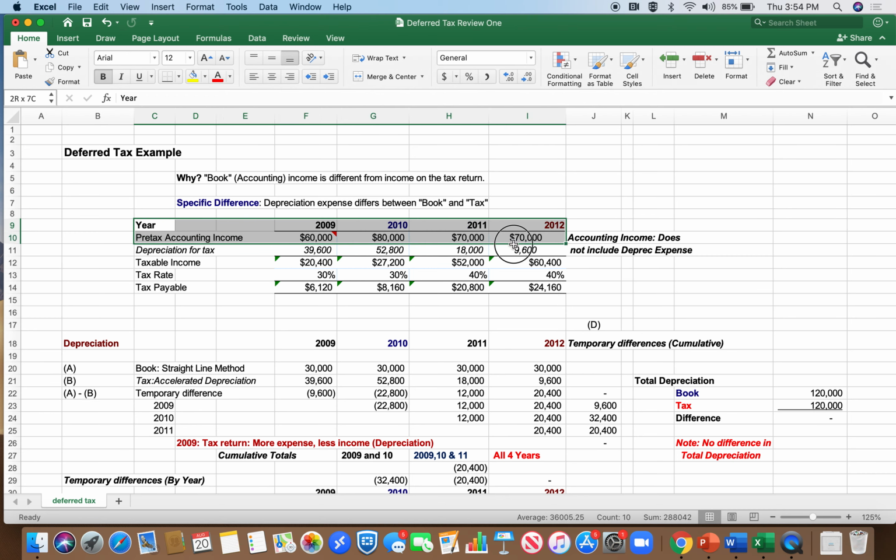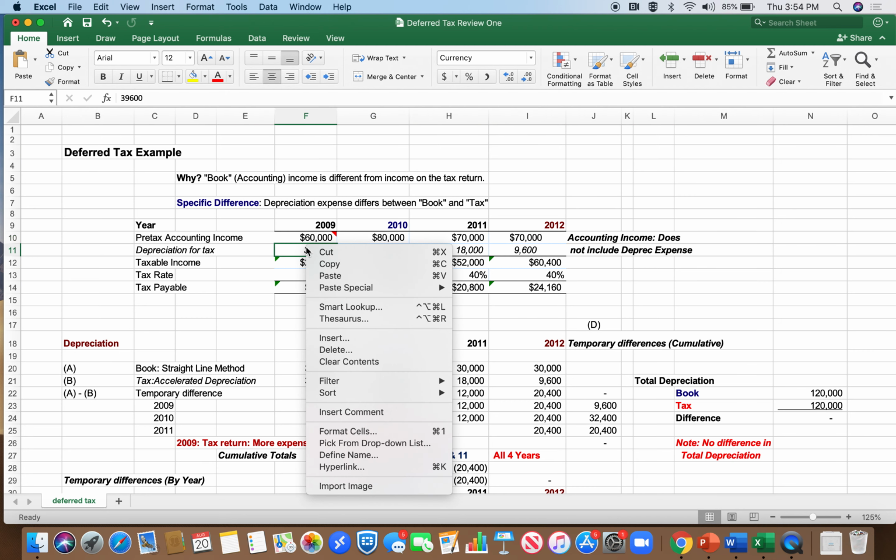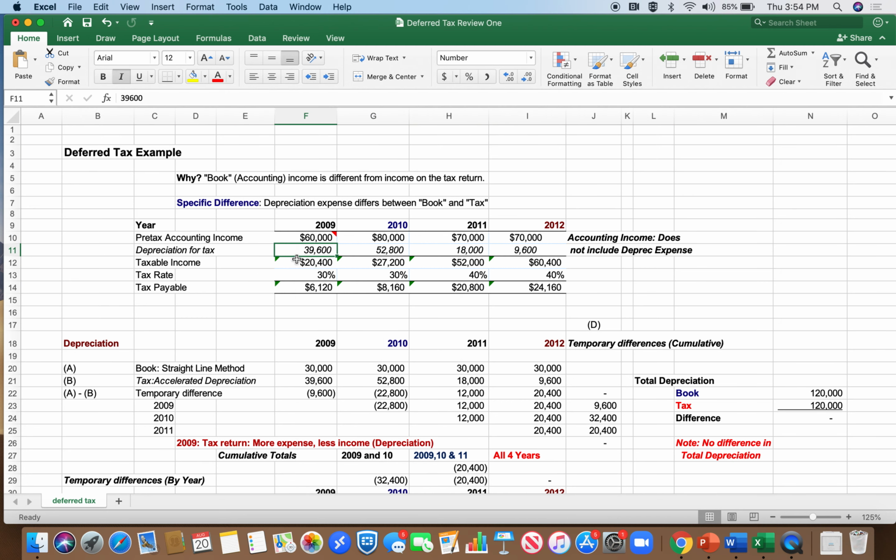So, over a period of 4 years, we have pre-tax accounting income, we have depreciation for taxes, we subtract them to get a taxable income, we multiply that by a tax rate, and we get taxes payable. Now, important to remember that total depreciation for both book and tax purposes is the same.